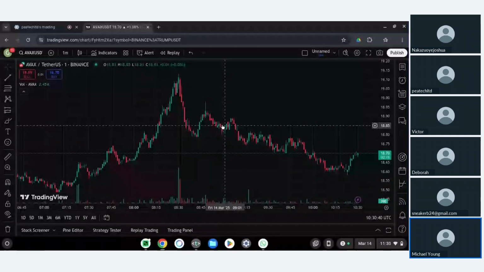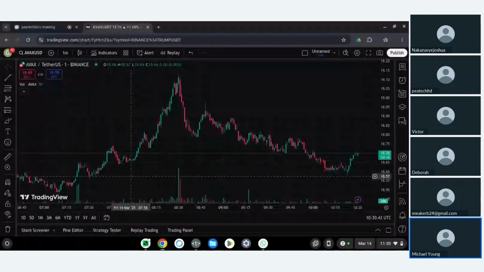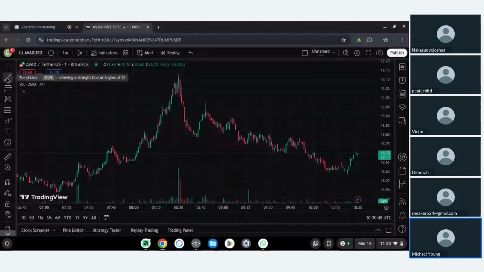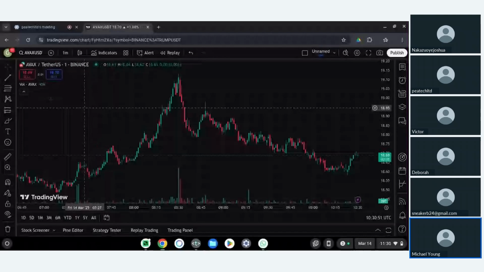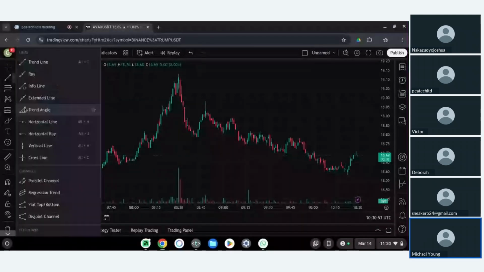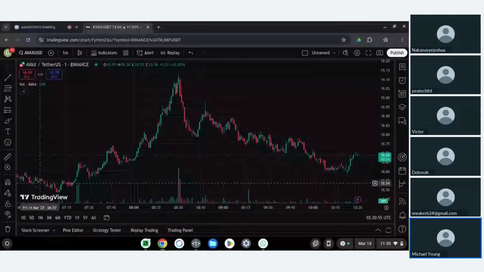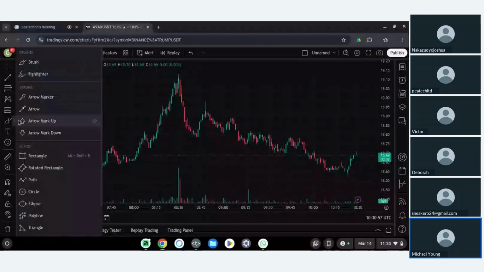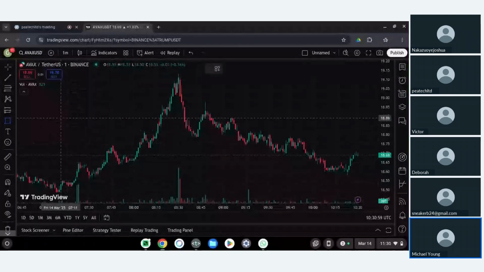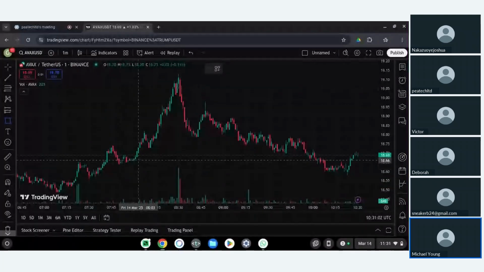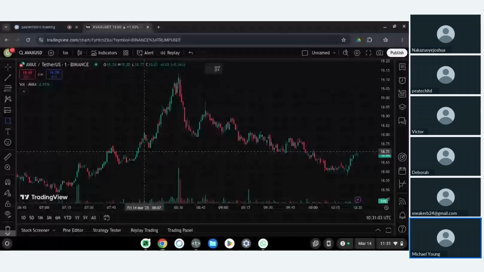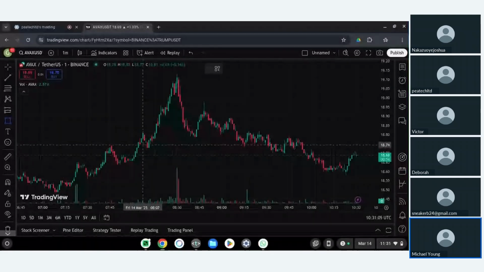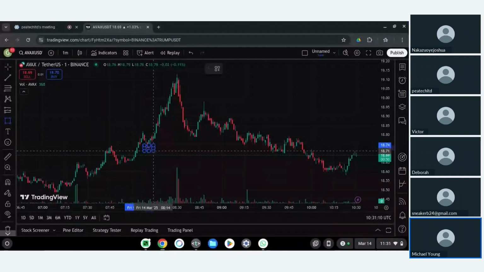So I'll start my analysis from here. So actually, at this point, the market faced a support here, a little support here.